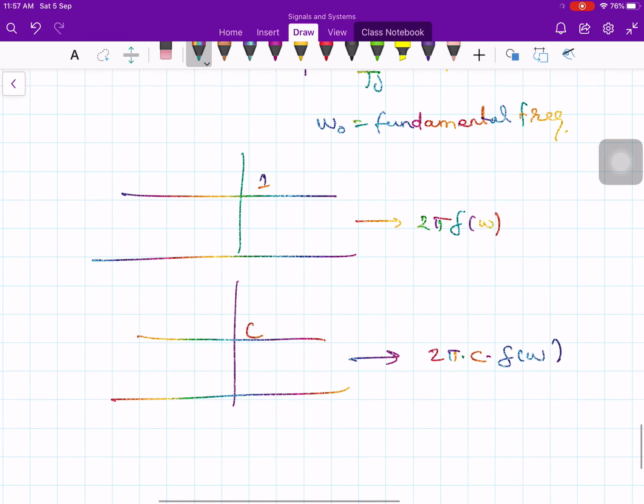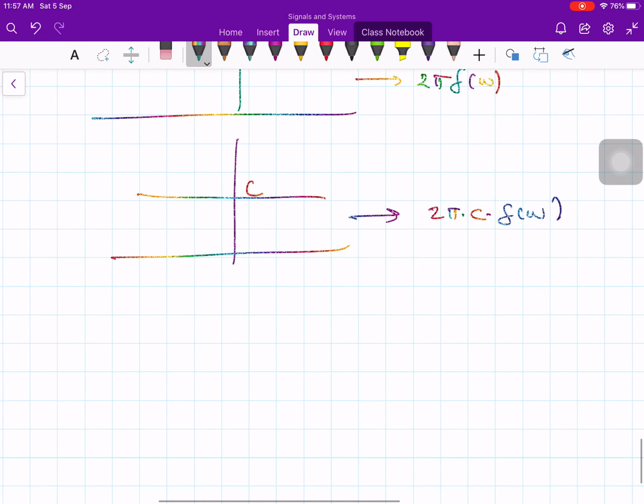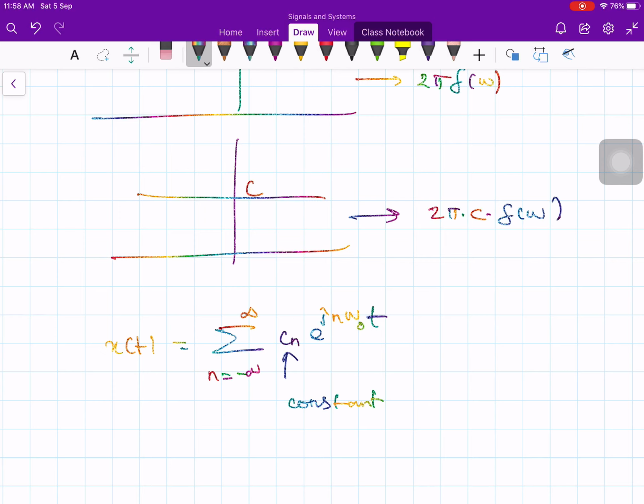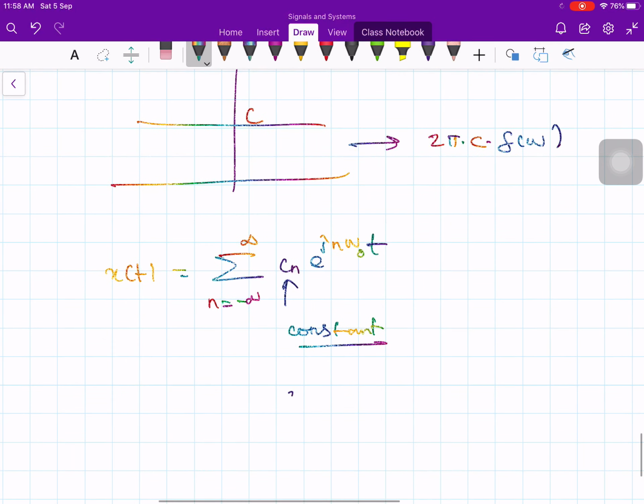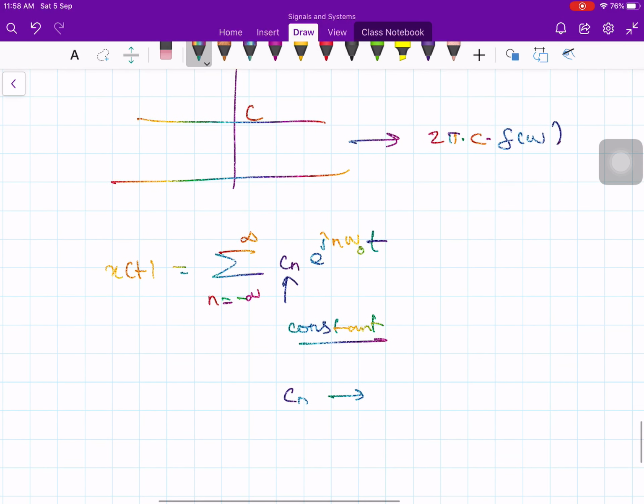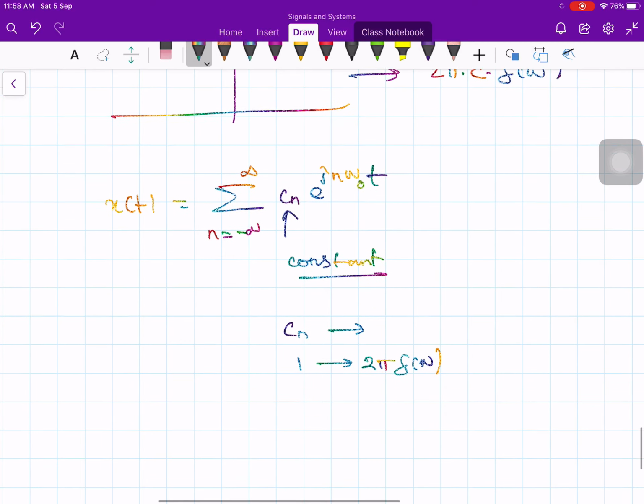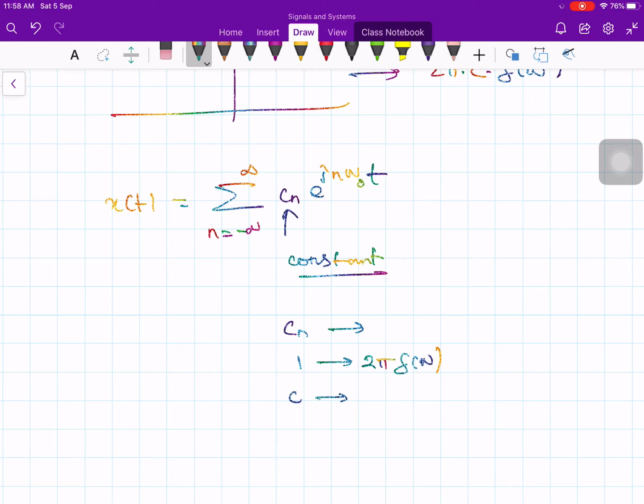Now if you look at this, what is your Fourier series? x of t is equal to sum of Cn e to the j n omega naught t, where n equals minus infinity to plus infinity. What is this Cn? Cn is a constant here, it is a coefficient. So if you take the Fourier transform of Cn, then what will you have? Just now we said if you take 1, the Fourier transform is 2 pi times delta of omega, then if you take some constant times 1, it is c times 2 pi times delta of omega.